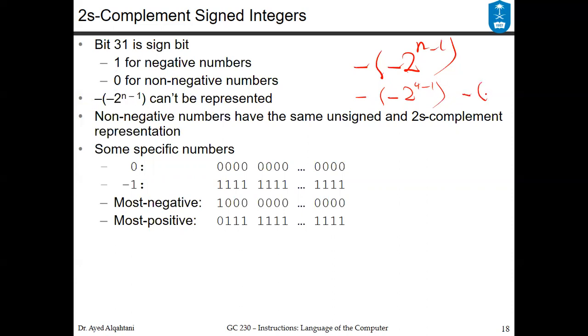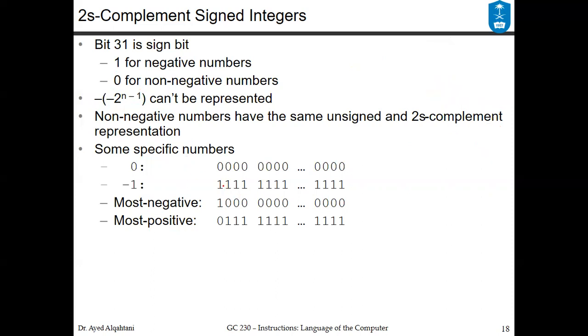So minus 8, this could not be represented in 4 bits as a positive number. So it cannot be represented. But the minus 8 you can represent. So this number you can represent it, but if you want to get the 2's complement of it, you cannot represent it.